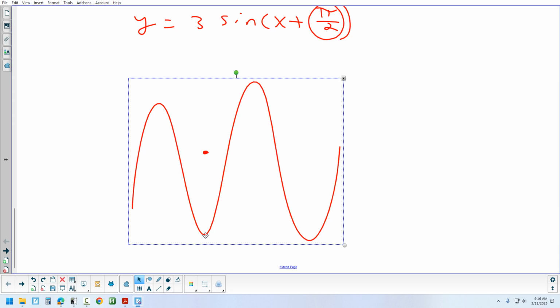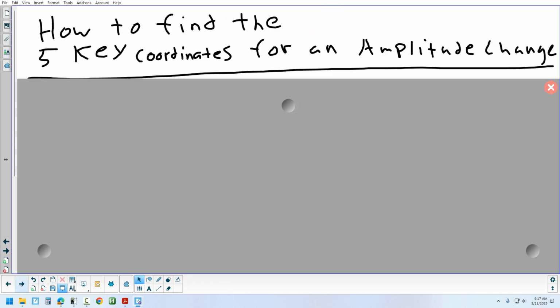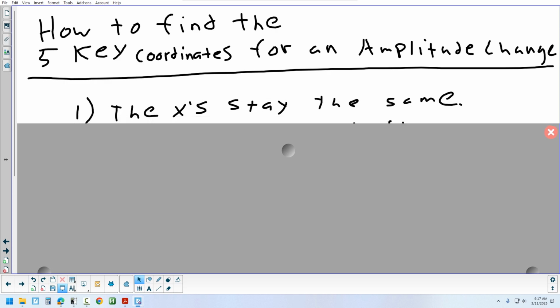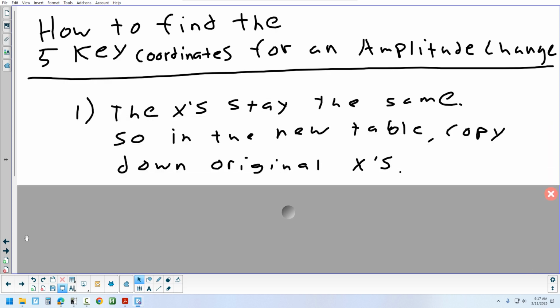Well, think about the coordinate has two parts. Yep, the y. So today, that's why I said earlier, the y value is what is going to change. If the y's are going to change, then that means the x's are going to stay the same.